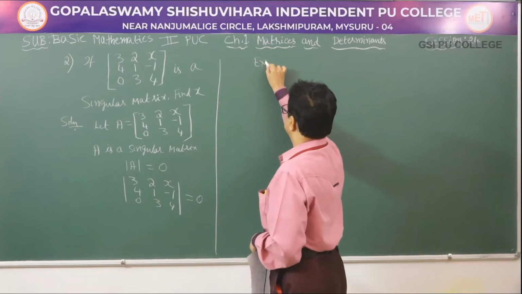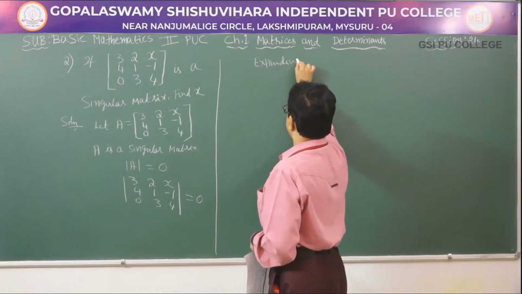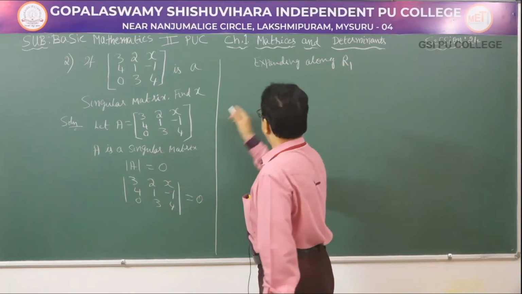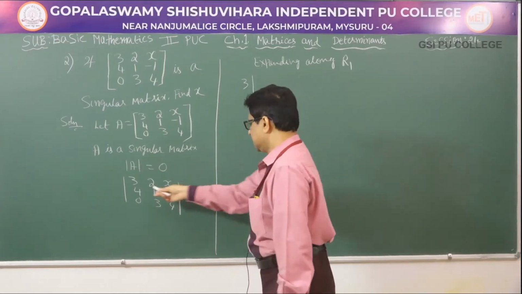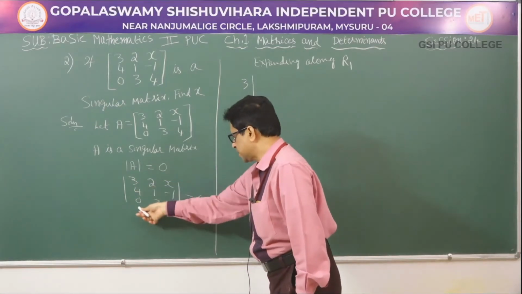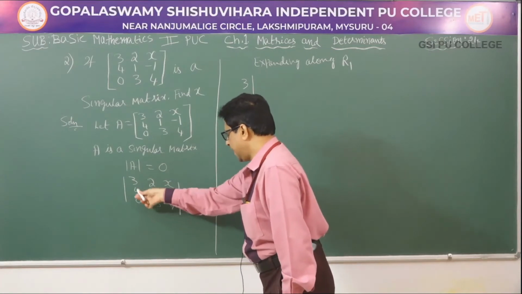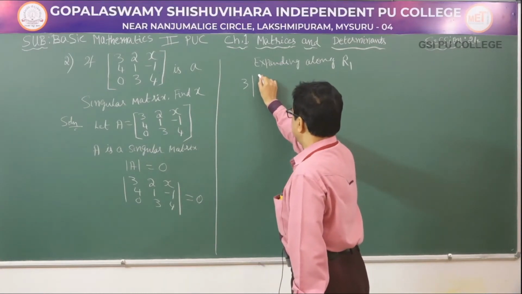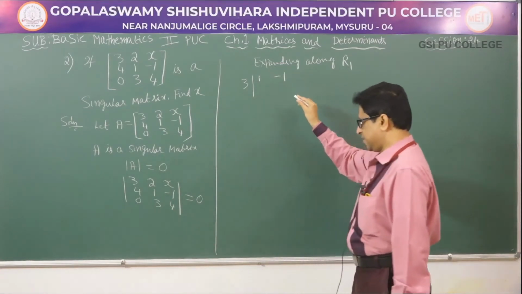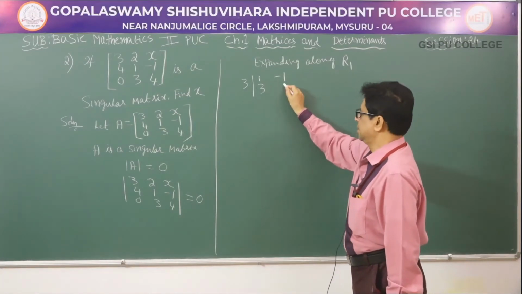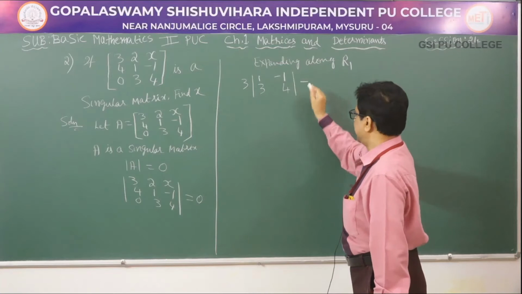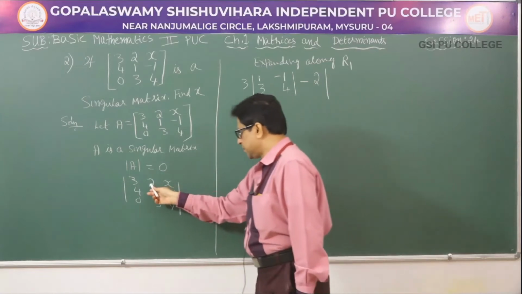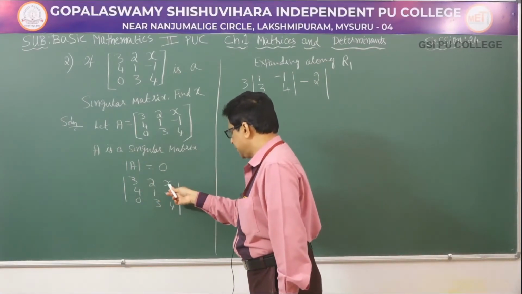Expanding along R1, 3 into, 3 lies in the first row, first column. We eliminate the first row and first column and take the determinant of the remaining elements. That is 3 into determinant of 1, minus 1; 3, 4, minus 2 into, so 2 lies in the first row, second column.